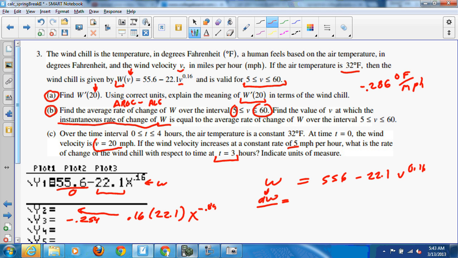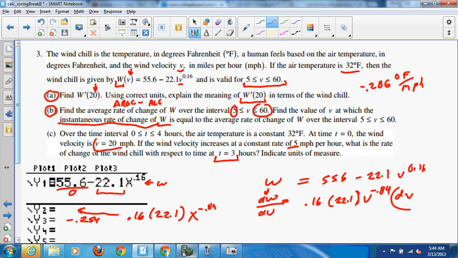Keep putting t there, sorry. With respect to the velocity, right? And we take the derivative of this, we get that 0.16 times 22.1 v to the negative 0.84, and we just took the derivative of this, right?